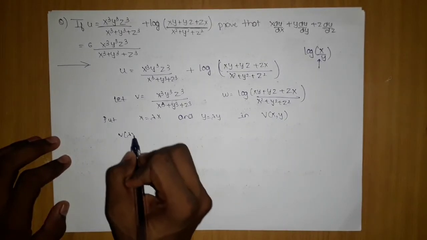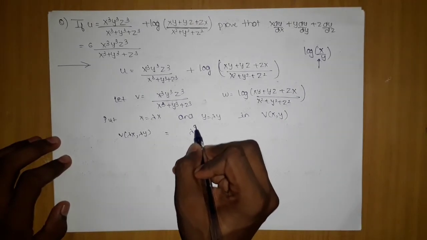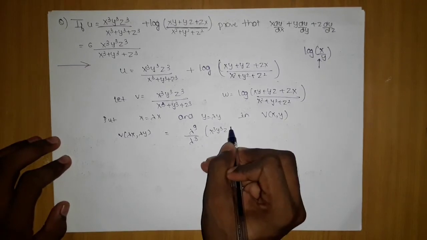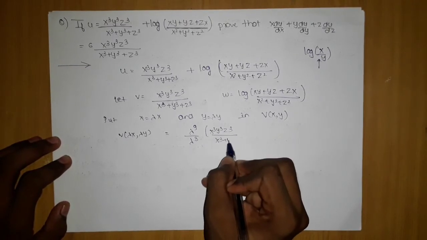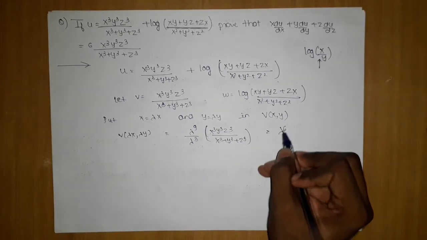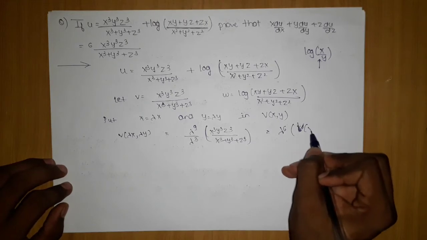So v of lambda x, lambda y equals lambda power 9 in the numerator and lambda power 3 in the denominator, x cube y cube z cube the whole upon x cube plus y cube plus z cube. Lambda power 6 will be here and it will be v of x, y.